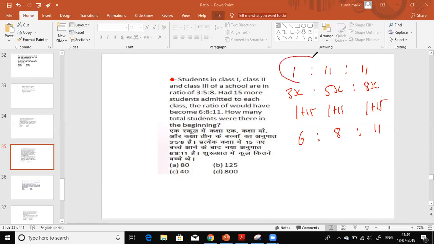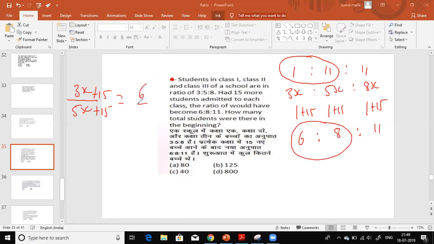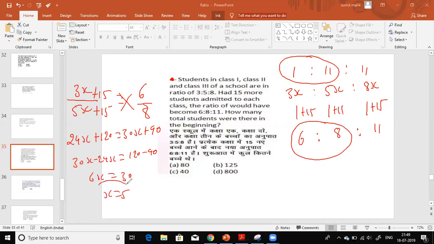Suppose I am taking the ratio of class first and class second. So 3x divided by 5x. Now 15 students added to both classes, and the new ratio becomes 6:8. 24x plus 120 is equal to 30x plus 90. 30x minus 24x is equal to 120 minus 90. 6x is equal to 30, so x is equal to 5.